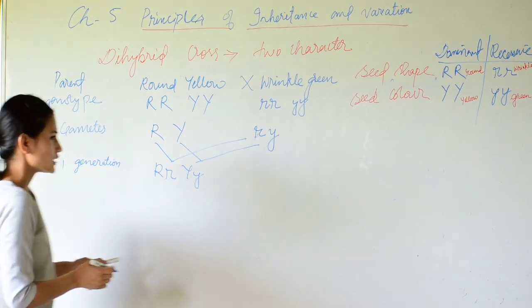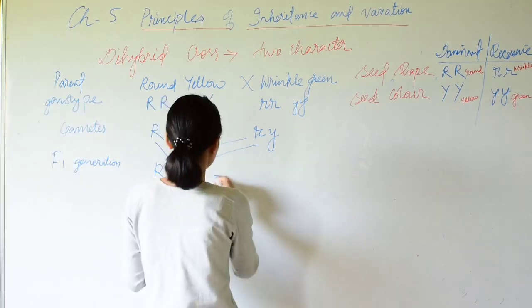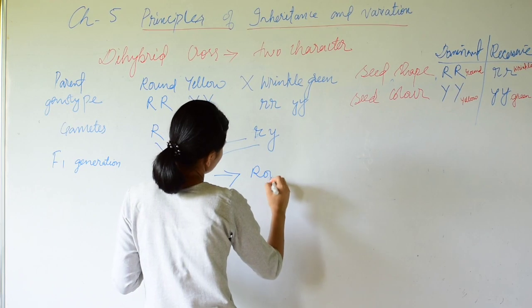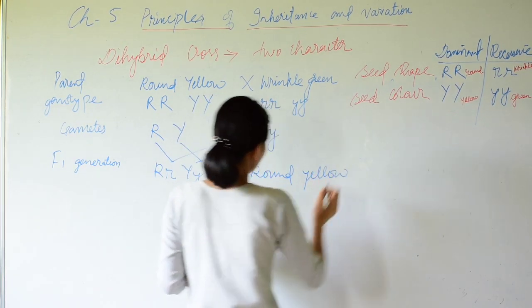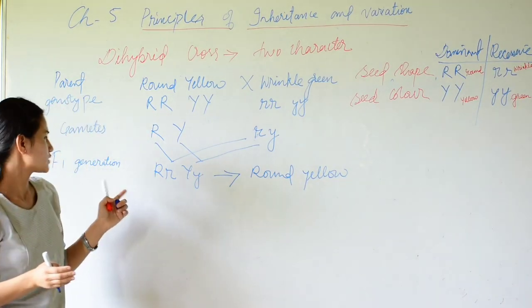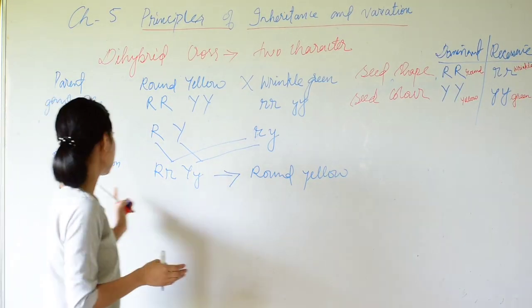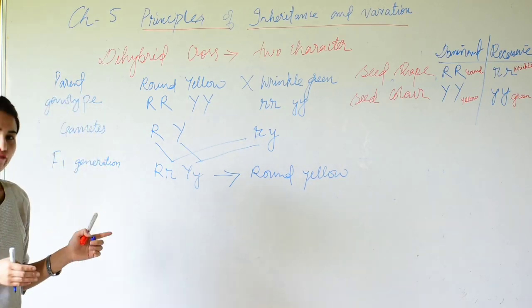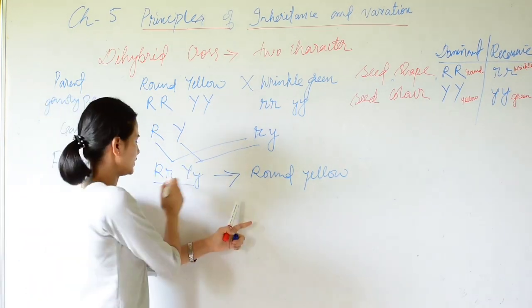After the F1 generation, the outcome is round and yellow. Round and yellow is the outcome of the F1 generation in the dihybrid cross. Now the second thing that we are going to do is selfing. Selfing means we will make a cross of this with the same of this.